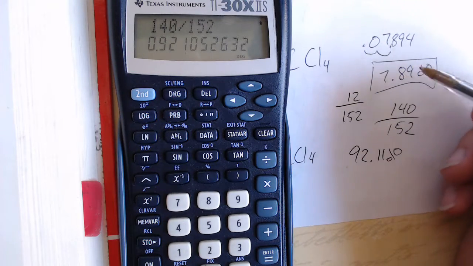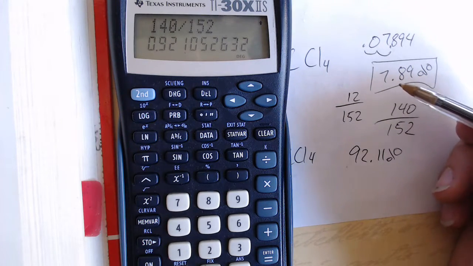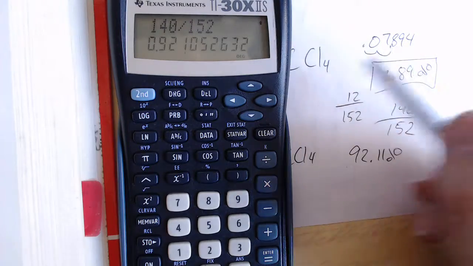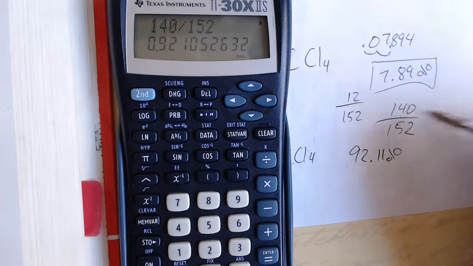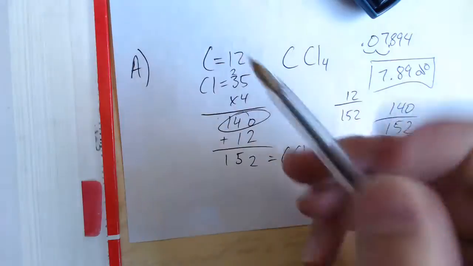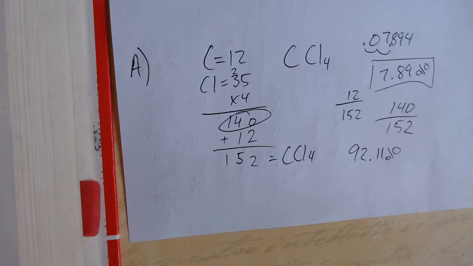But again, our answer is only 7.89% because they're only looking for carbon. But just remember, whatever element you're looking for, you have to use the total weight of that molecule, not just a single value.